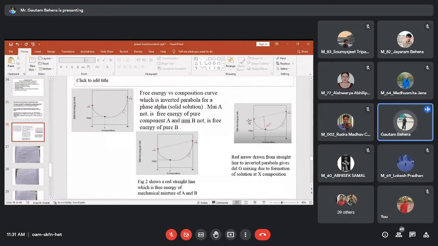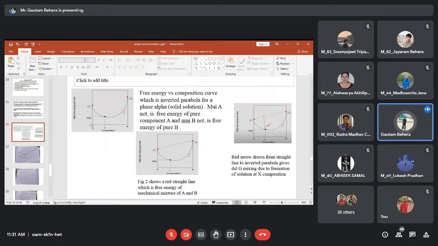Now these are the three images. This is figure 1, this is figure 2, and this is figure 3. Fine. I will explain figures 1, 2, and 3. Already I have explained this one, but still I will explain it. You can see this is again free energy per mole on the y-axis, and on the x-axis we have composition.